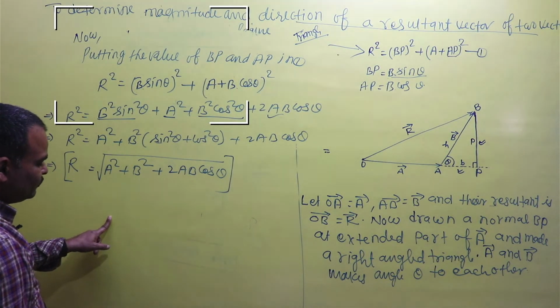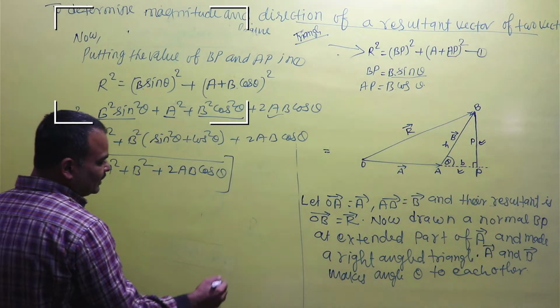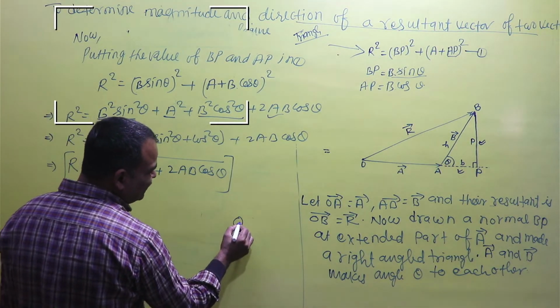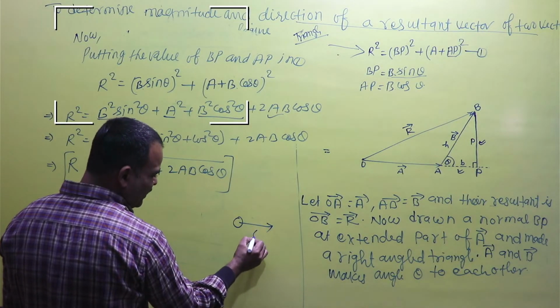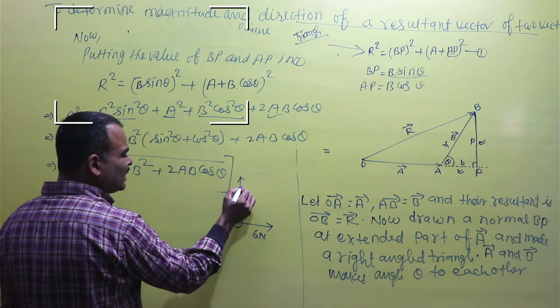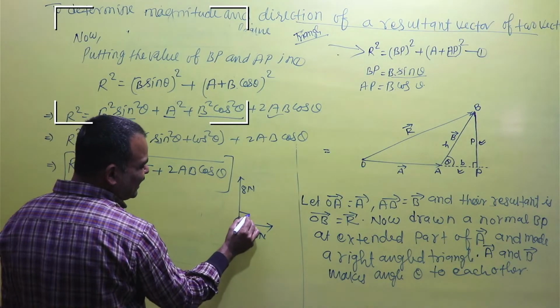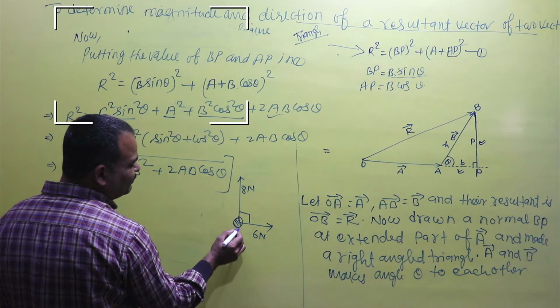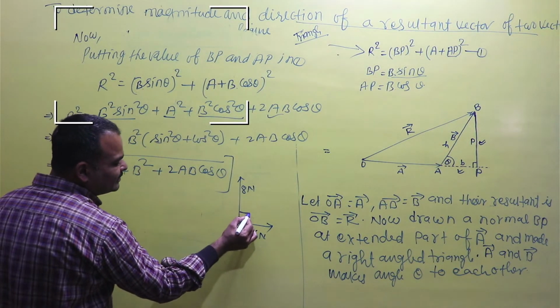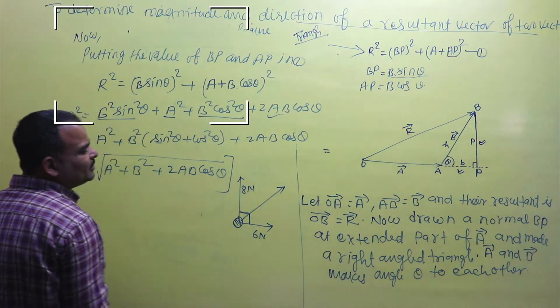Then what is its use? If two forces of magnitude 6 Newton and 8 Newton are acting simultaneously on an object at right angles, then what will be its magnitude?